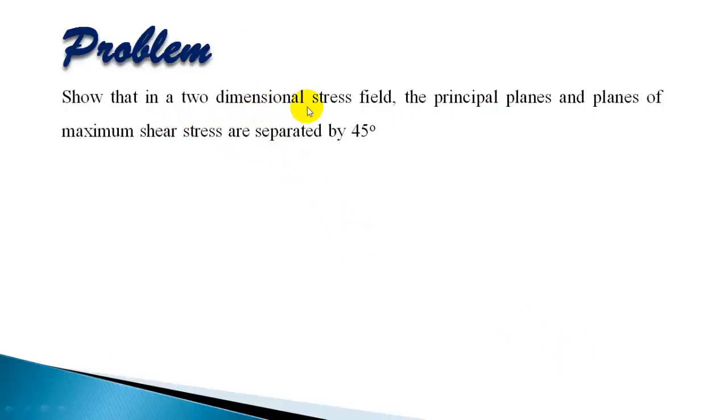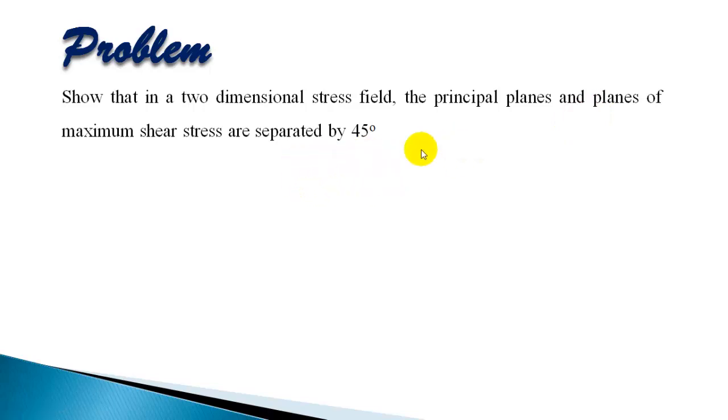Show that in a two-dimensional stress field, the principal planes and planes of maximum shear stress are separated by 45 degrees. You have already seen that they are separated by 45 degrees, and we have to show that in a general case.